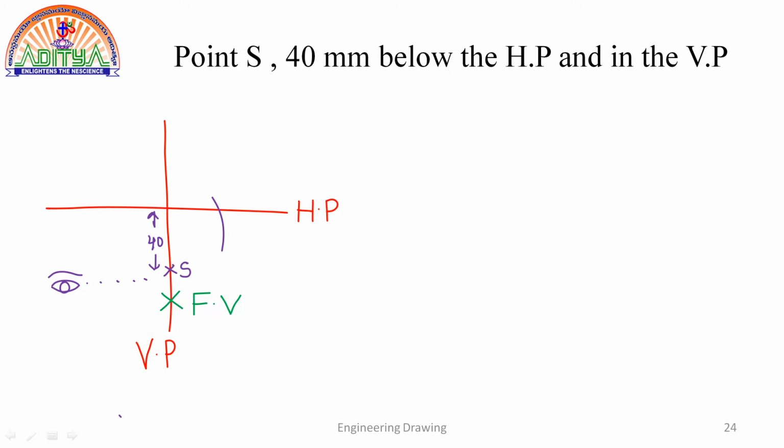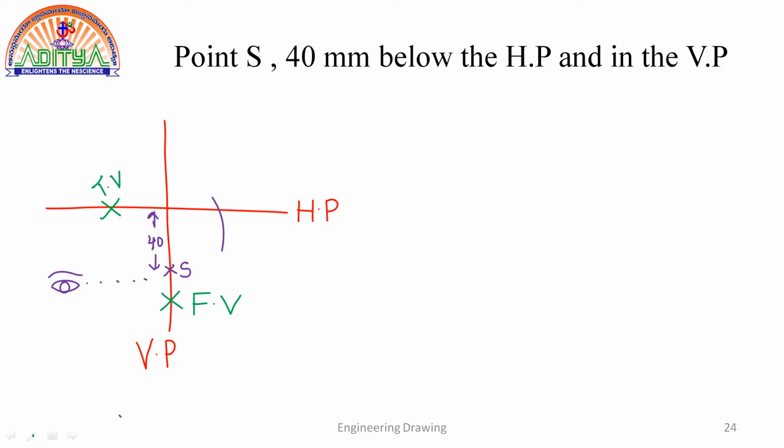If you are seeing this point from the top view, it is projected on the horizontal plane. But here we need not rotate the horizontal plane. Why? Because here one point is on the reference line only. The point S is on VP and 40 below HP, so in such conditions one projection must be on the reference line only.